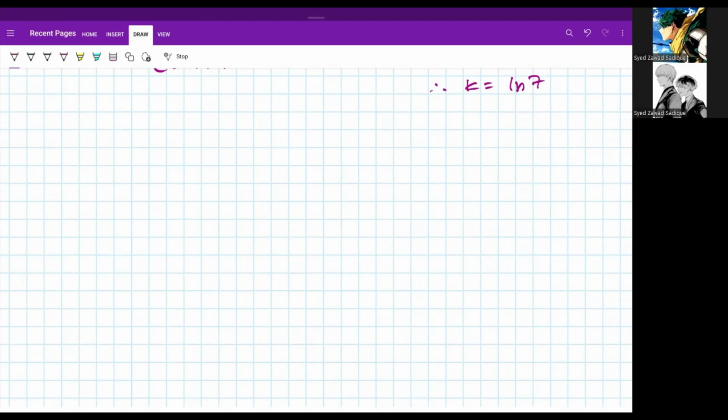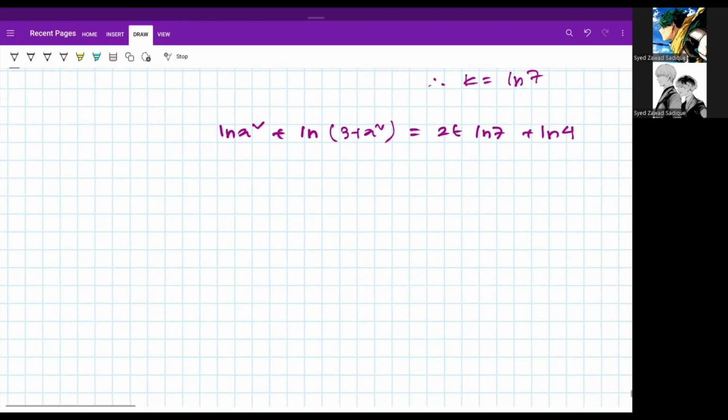So we can say ln x squared plus ln 3 plus x squared is equal to 2t ln 7 plus ln 4.